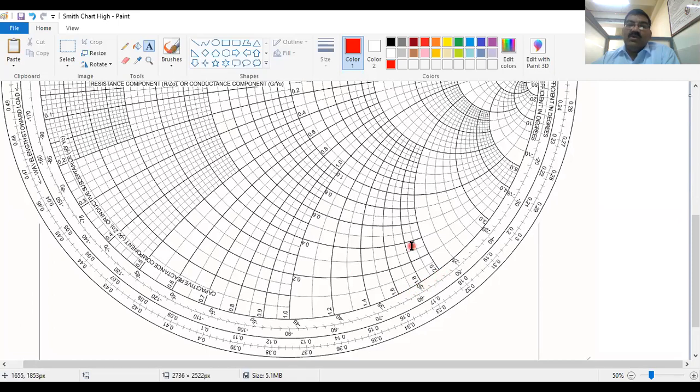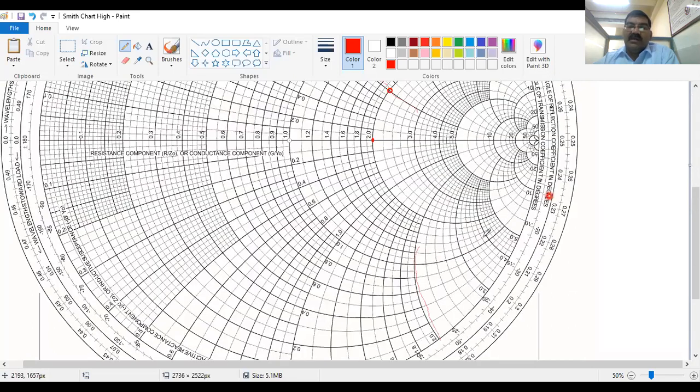So this is 2. Since it is minus 2, that's why we are at the bottom. I'm drawing this line freehand.